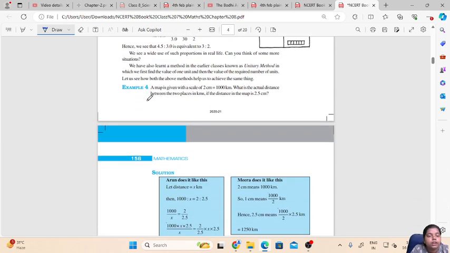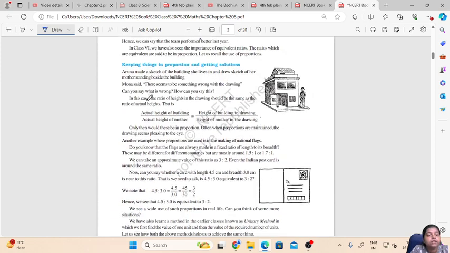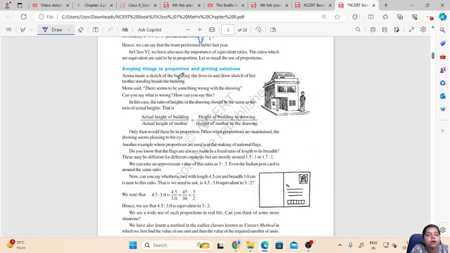Here they have given one example, keeping things in proportion and getting solutions. Aruna made a sketch of the building she lives in, and she also drew a sketch of her mother standing beside the building. Her friend Mona said something was wrong with the drawing.